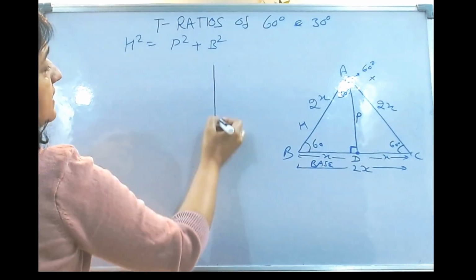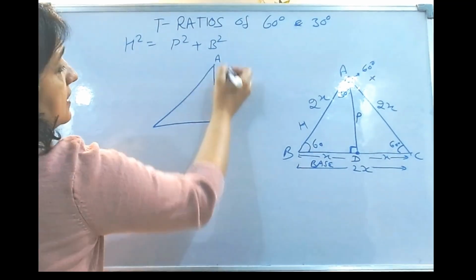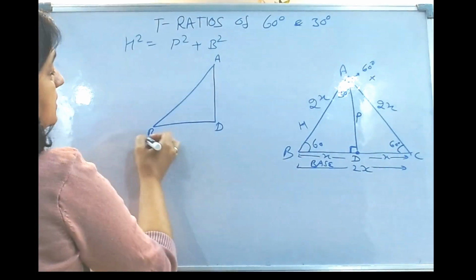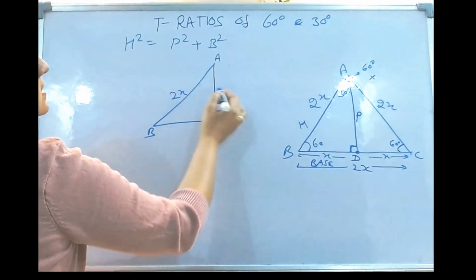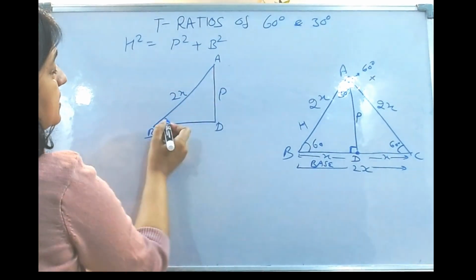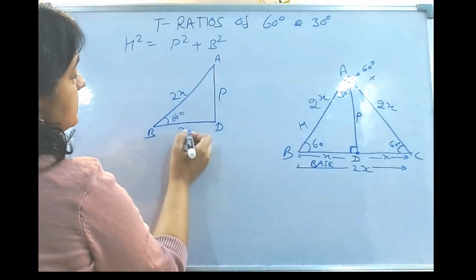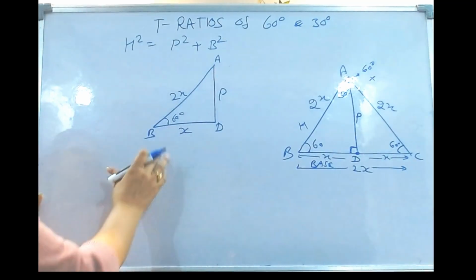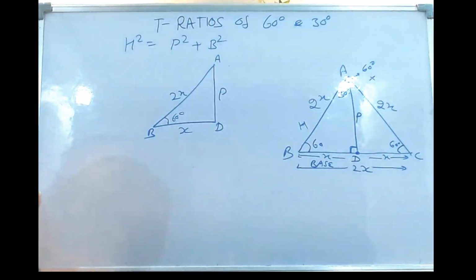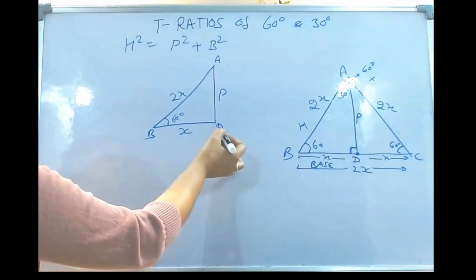In right angle triangle ADB, this is 2x, this is the perpendicular according to this acute angle, and this is x. Now to find out trigonometric ratios, we need value for perpendicular also.